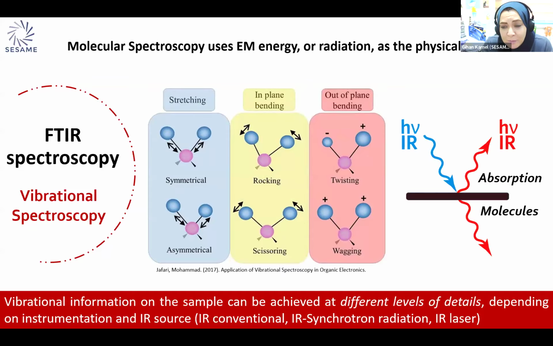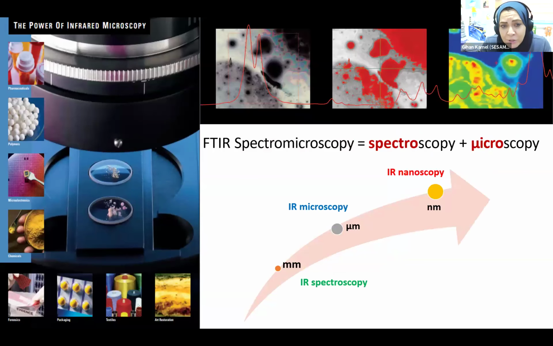It's an absorption spectroscopy technique, and it targets the molecules in any material. The technique that we are handling in the synchrotron is called spectral microscopy or microspectroscopy. You will see it mentioned with different terminologies, but basically we are doing spectroscopy with microscopy, and combined together we get one terminology, either spectral microscopy or microspectroscopy.